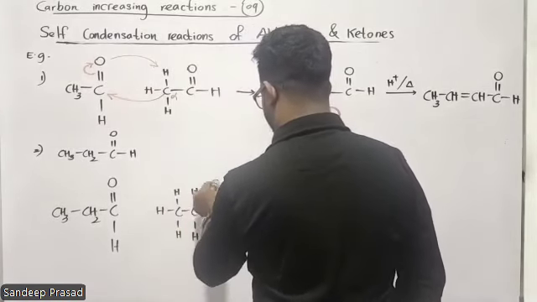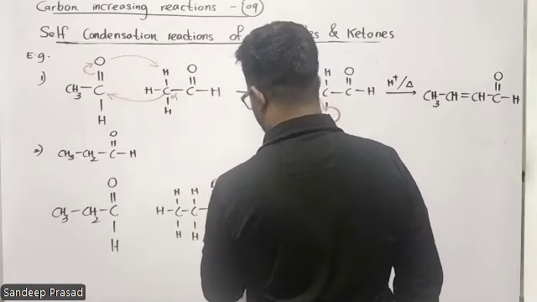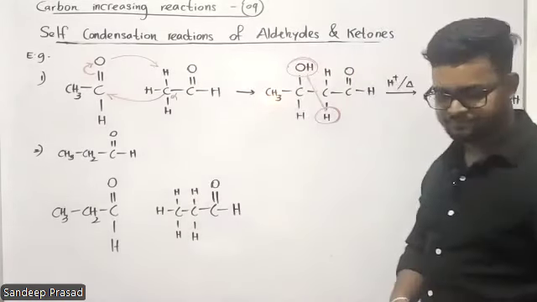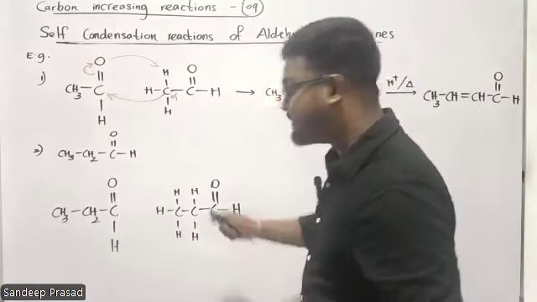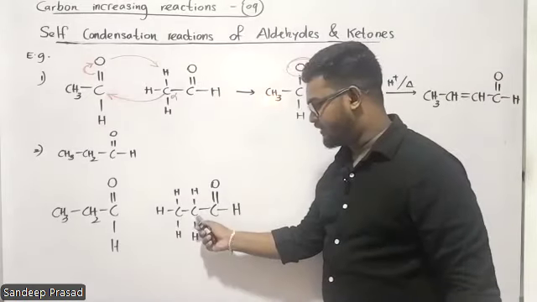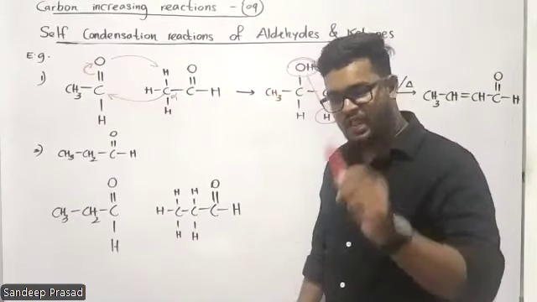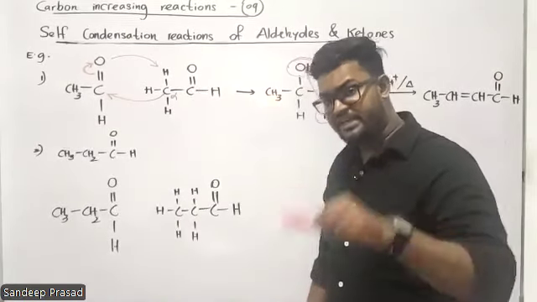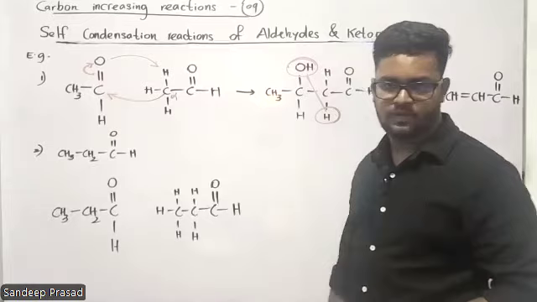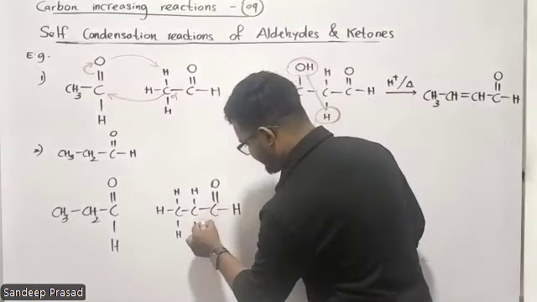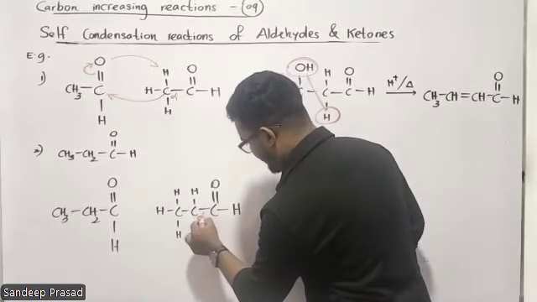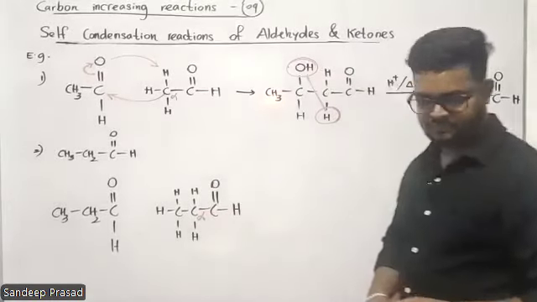Students, now you have to carefully choose the alpha carbon atom, right? Because the beta carbon atom is also there. Alpha, this is beta. I told you that the alpha carbon atom is the closest one to the carbonyl group carbon. So we can say that this is the alpha carbon atom, right?